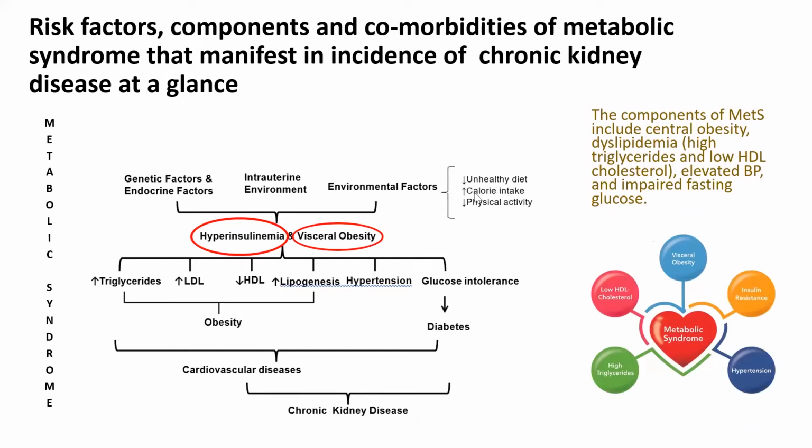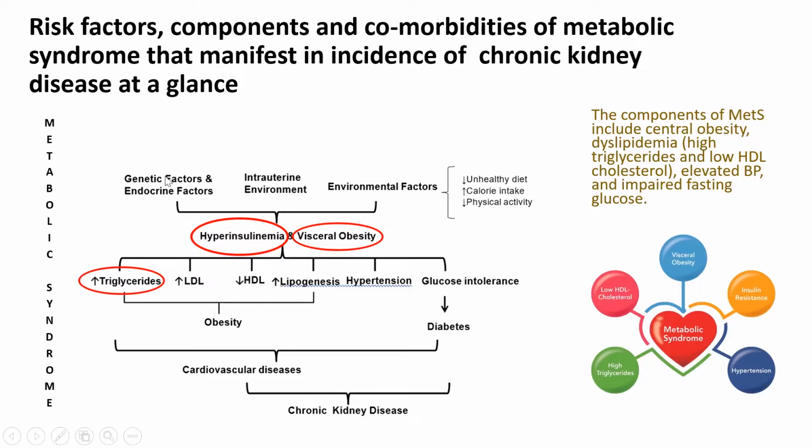So coming on to the components of metabolic syndrome, that includes central obesity, dyslipidemia, high triglycerides and low HDL cholesterol, elevated blood pressure, and impaired fasting glucose. Here is a flow chart of the components and risk factors of metabolic syndrome, showing how they are aggravating and contributing to CKD.